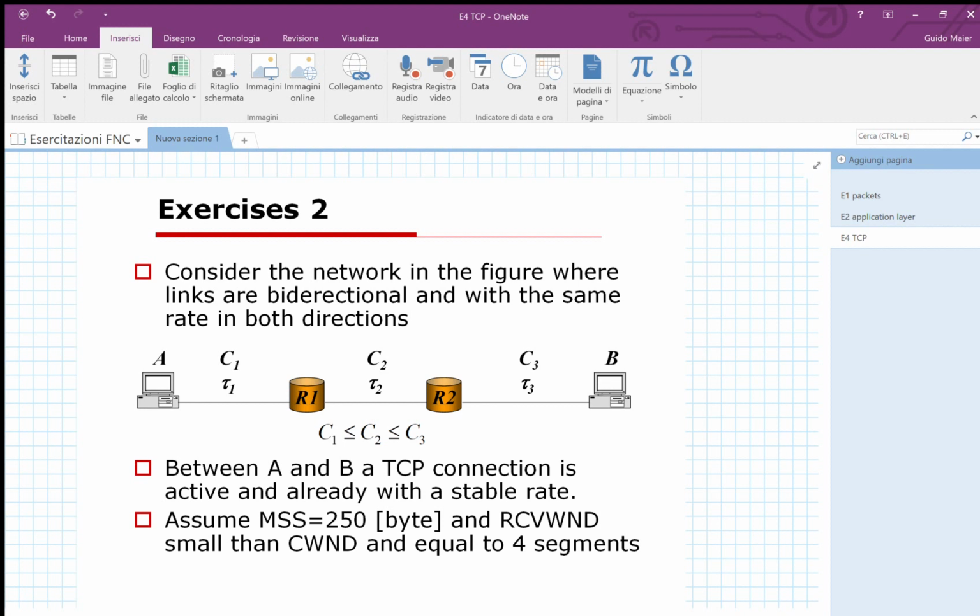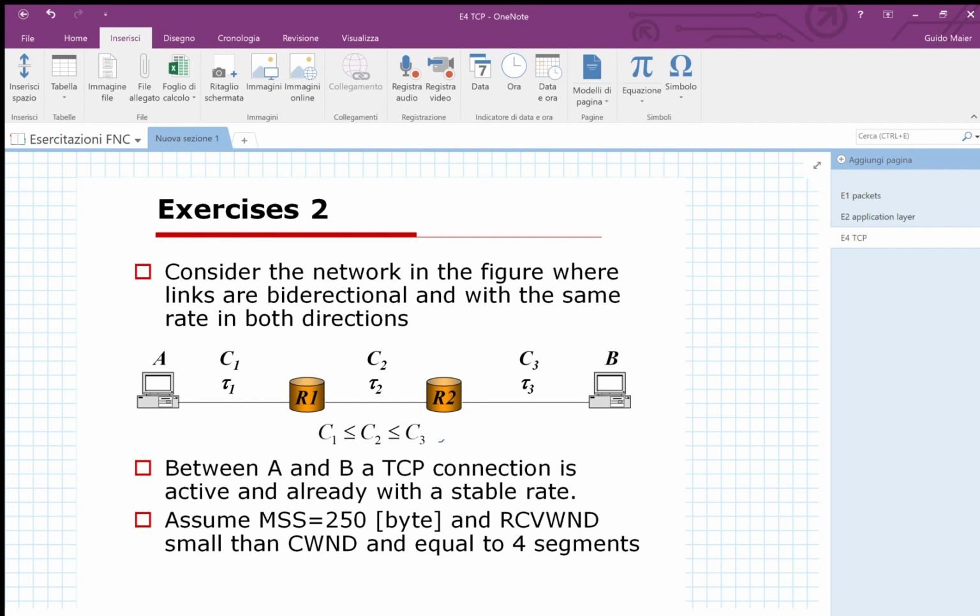So in the second exercise you have a network that is composed of a source, a destination, two intermediate nodes, and all the capacities are given on the three links, as well as the propagation delays. And the condition is that the capacity on link 1 is larger than the capacity on link 2, that is larger than the capacity of link 3.